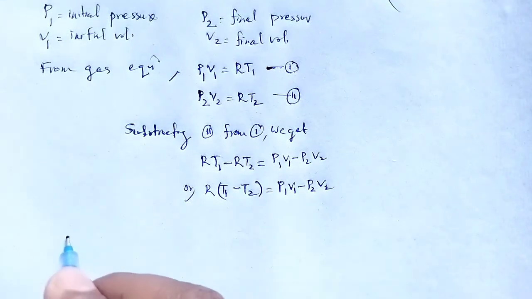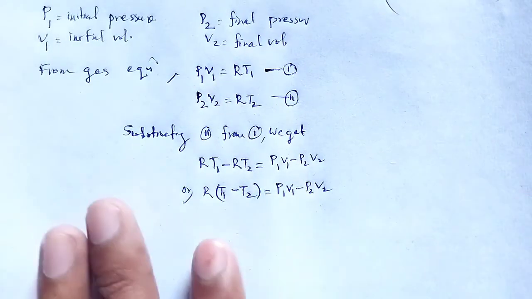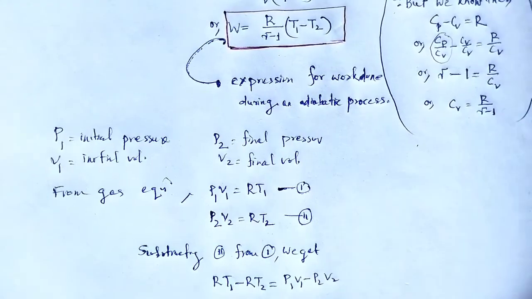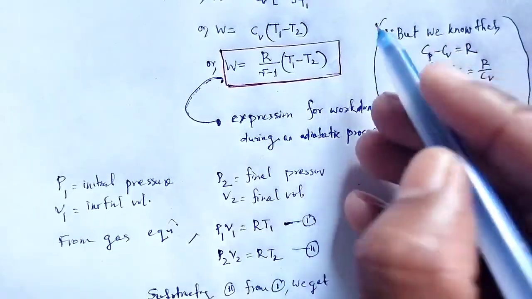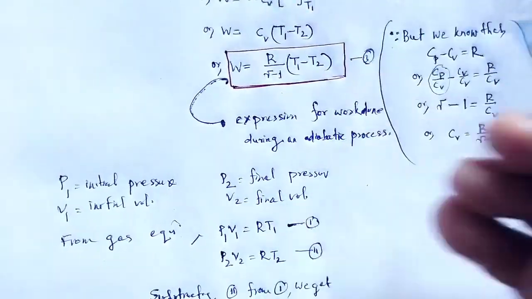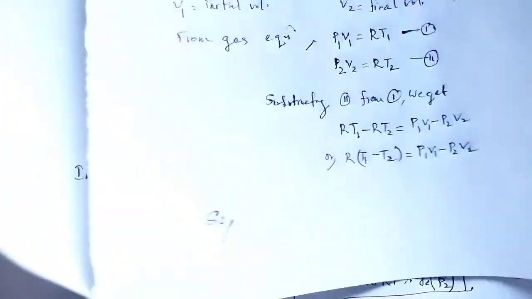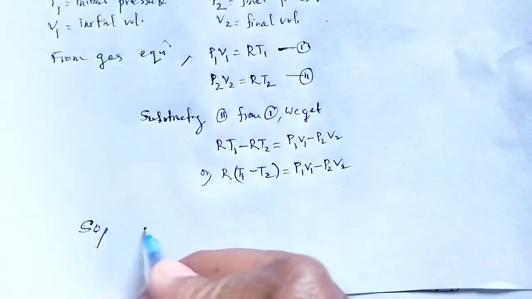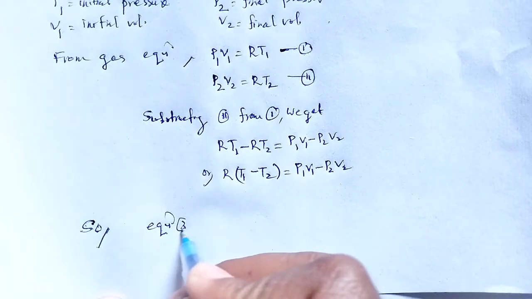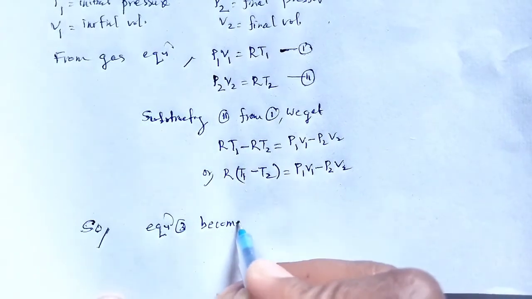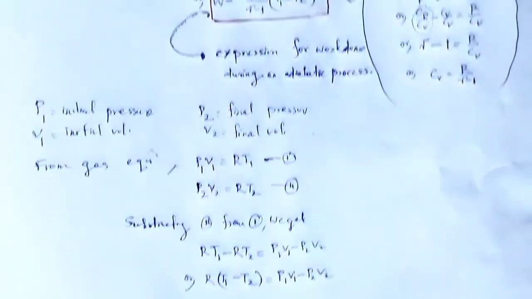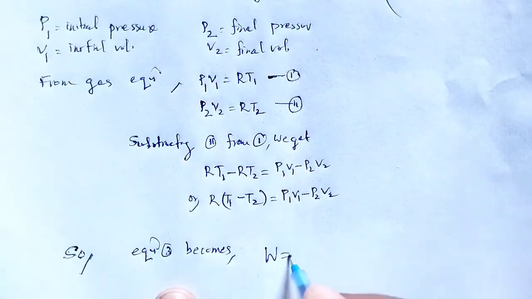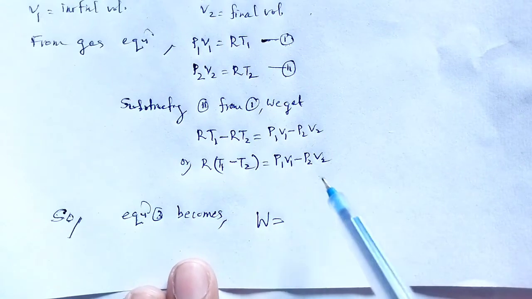Let that equation be equation number 3. So equation 3 becomes: work done W is equal to, in place of R times T1 minus T2 I substitute P1 V1 minus P2 V2.